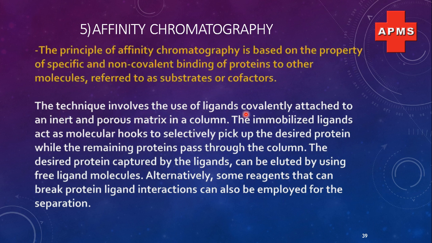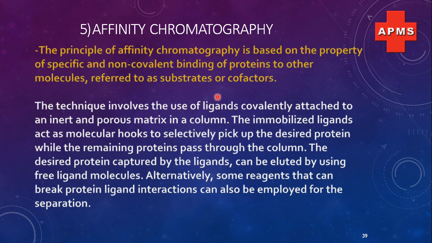The technique involves the use of ligands covalently attached to an inert and porous matrix in the column. In the column, the stationary phase is a matrix which is polar and inert in nature, and on this matrix some specific ligands are covalently attached, meaning these cannot be removed from the column during the experiment.